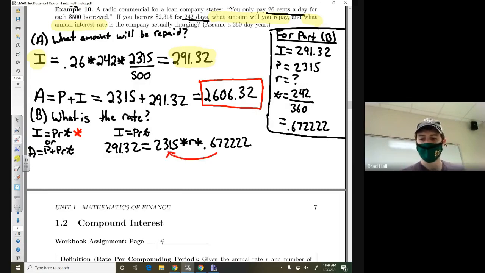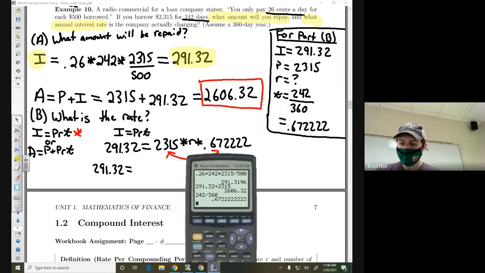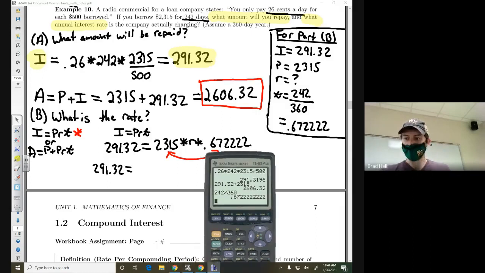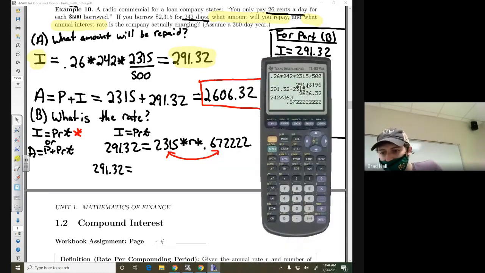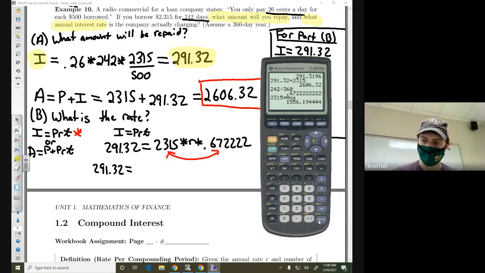Multiply these two numbers together. 291.32 is equal to that product, which if you want the pure exact answer, 2315 times ANS. They're going to be the exact same, or almost the exact same. 56.194444 times R.